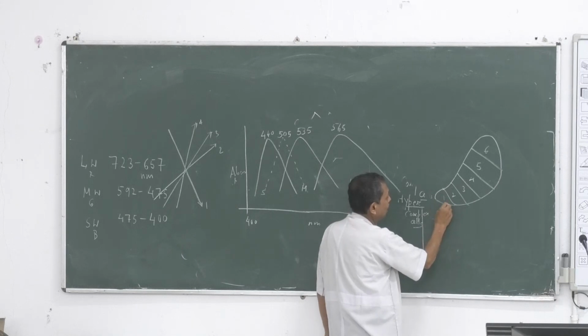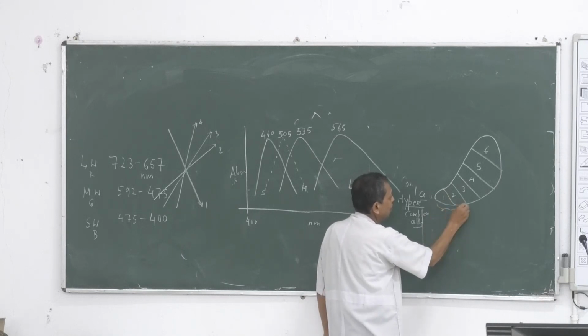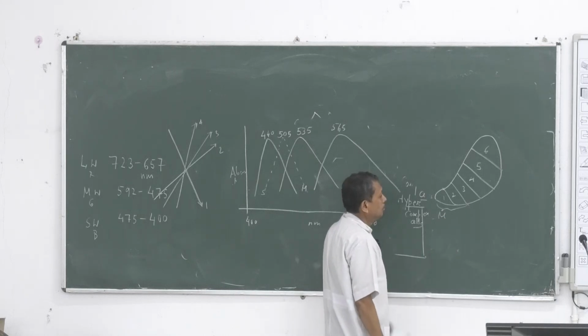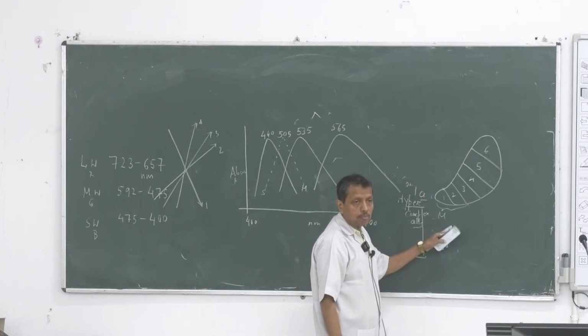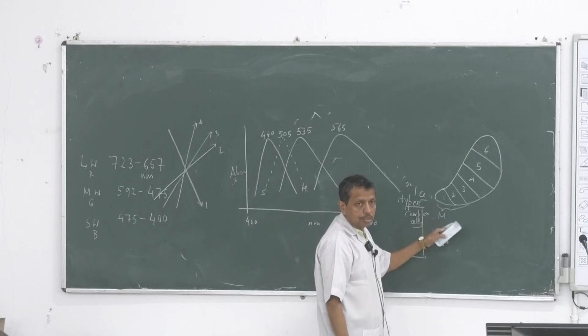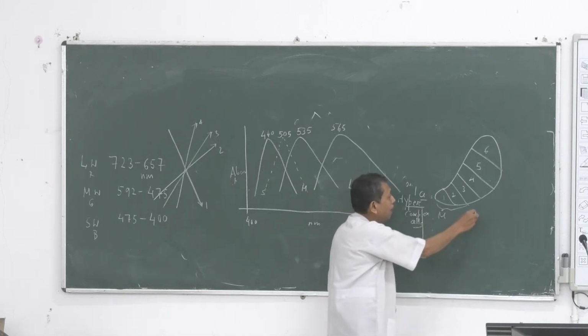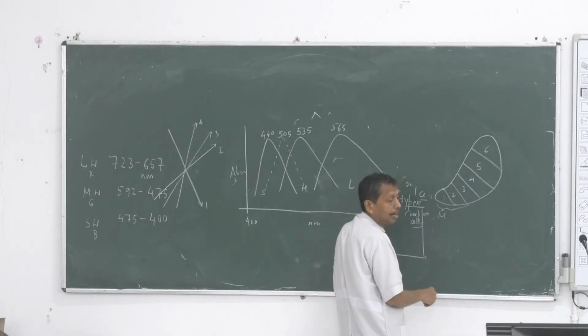These are the magnocellular, larger cells, coming from the M cells of the retina, ganglion cells, and these are the parvocellular layer.